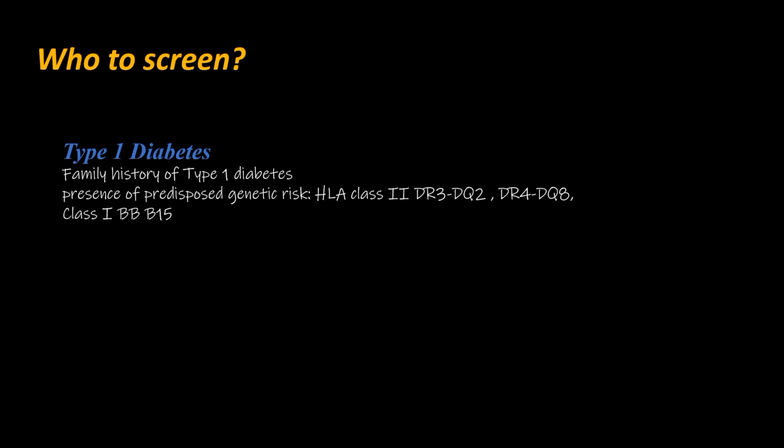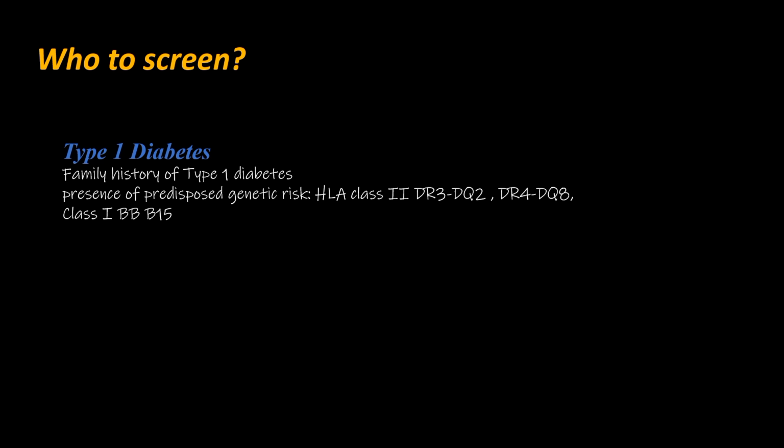If you give them teplizumab, this will delay the clinical onset of stage 3 type 1 diabetes for around 2 to 3 years.